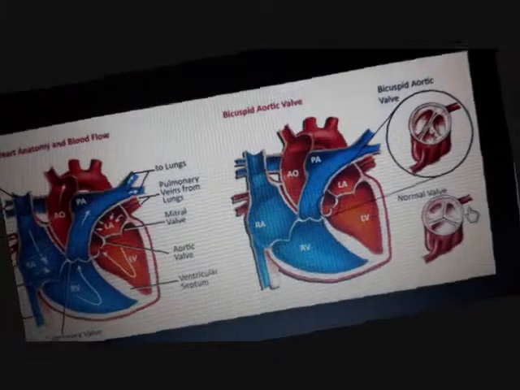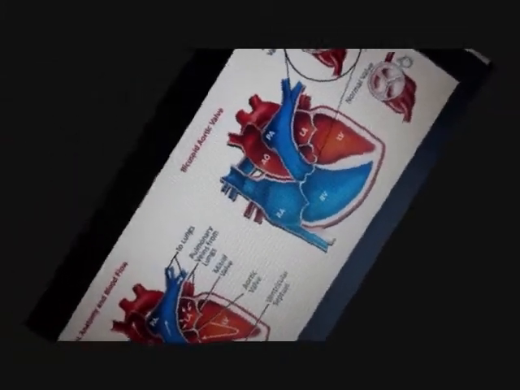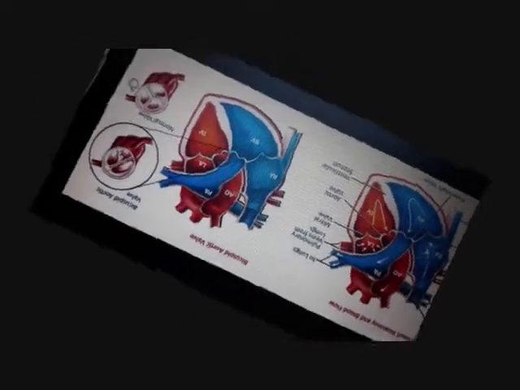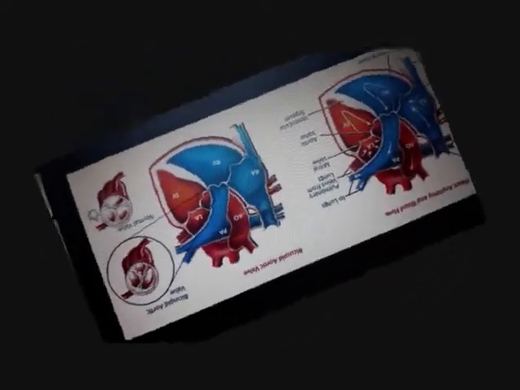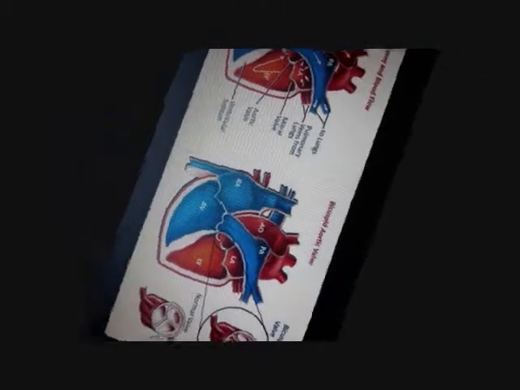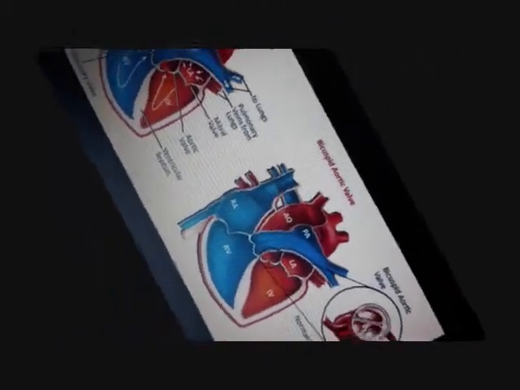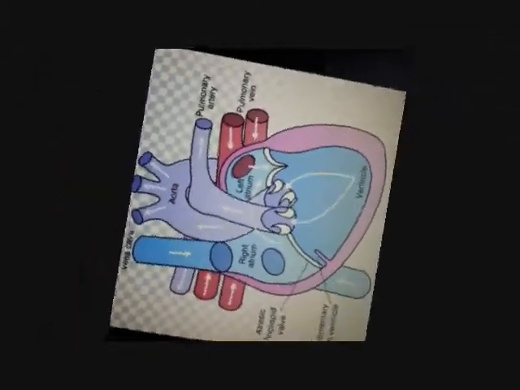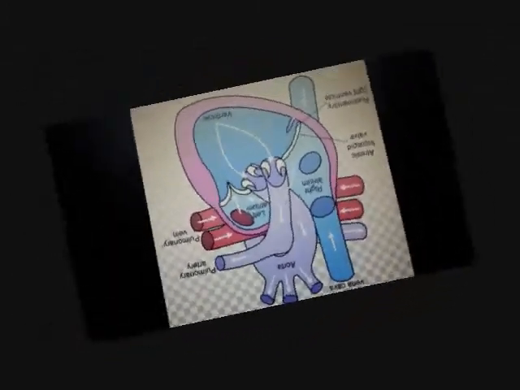On the left side would be the bicuspid. Bicuspid has two little flaps, and this is located on the left side of the heart. And these are the valves between the atria and the ventricle of the heart.